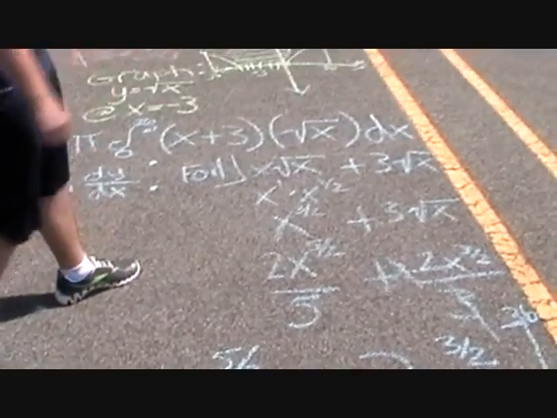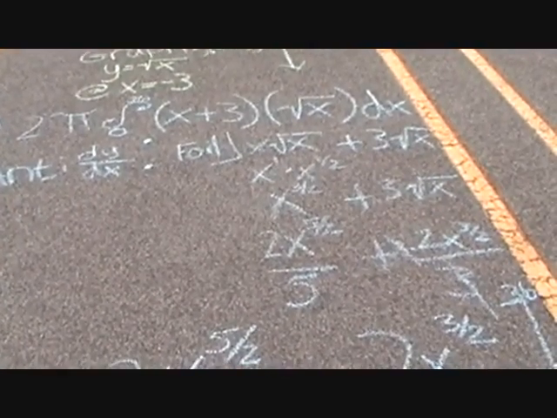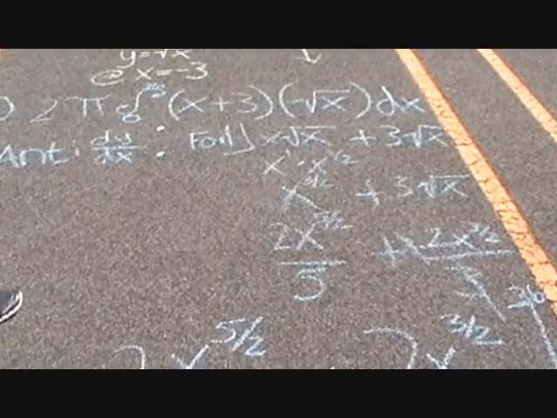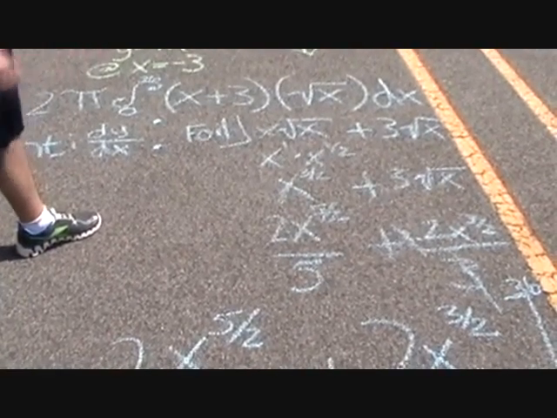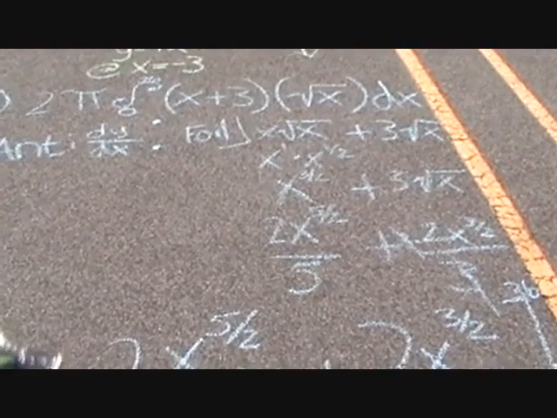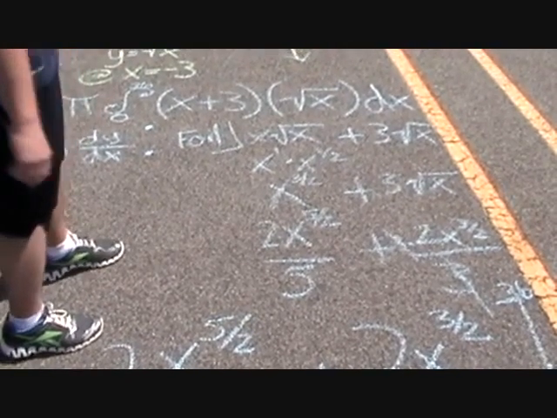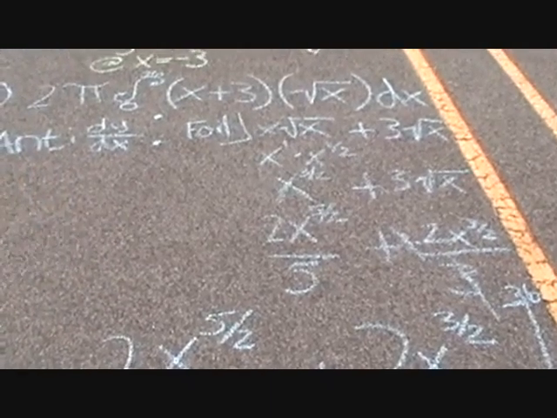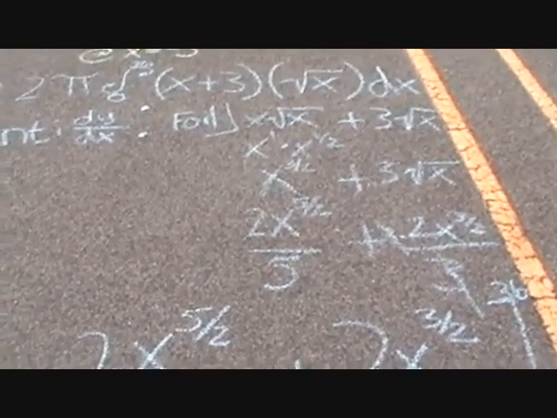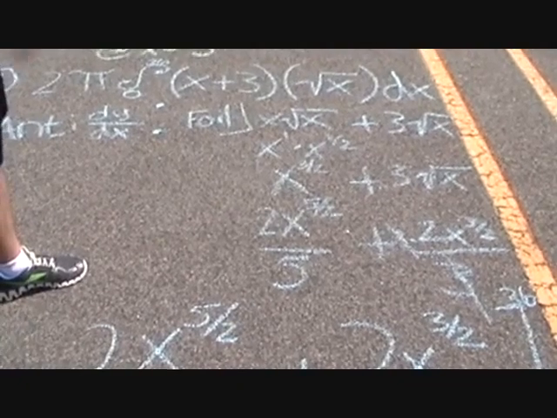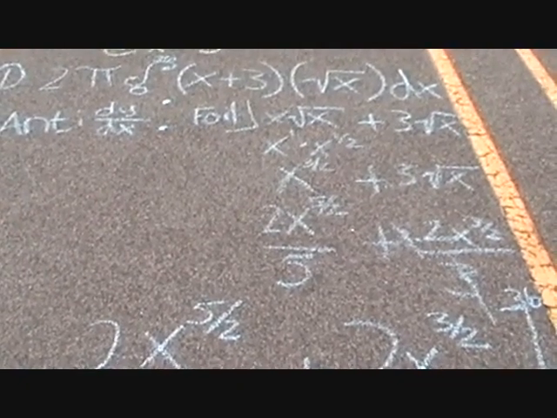So to take the antiderivative of x√x, you need to multiply x to the first times x raised to the 1/2, since the square root of x is actually x to the 1/2. So when you do that, and when you multiply exponents with like bases, you really add their exponents, you get x raised to the 3/2.